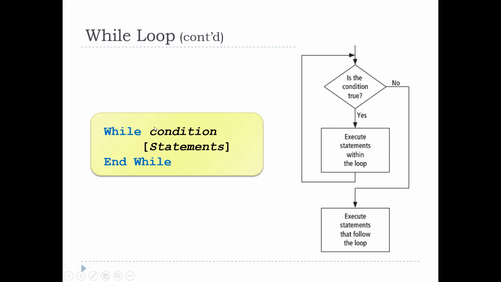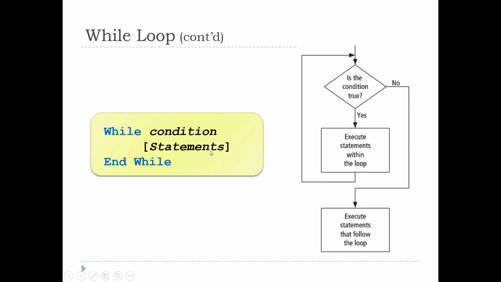So here we have the syntax saying while the condition is still true, whatever that may be. If age is less than 12 or total is less than 100, whatever that is. If that is true, then you run the statements in the body. So the statements inside here are what's called the body of the loop, and you execute these statements.